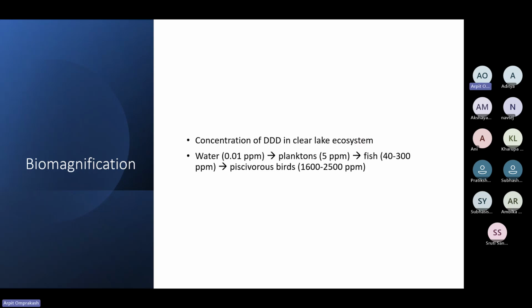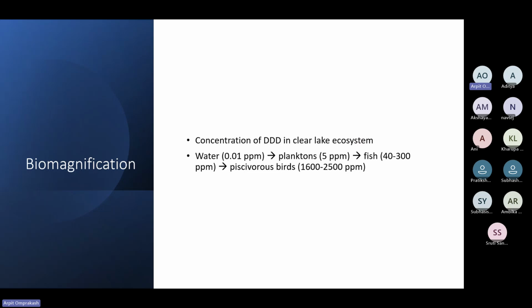An example of this is the concentration of DDT, which is a pesticide that was used widely before.